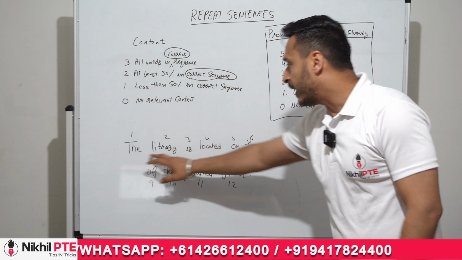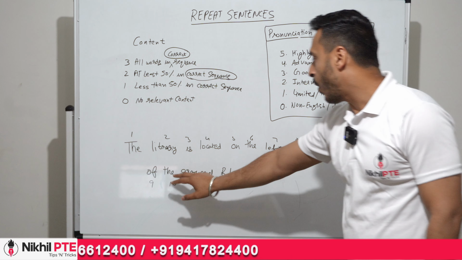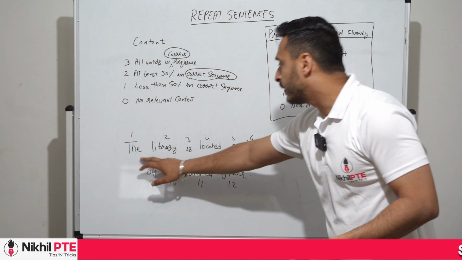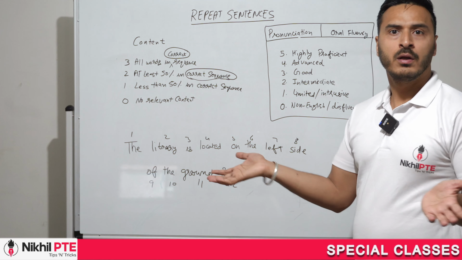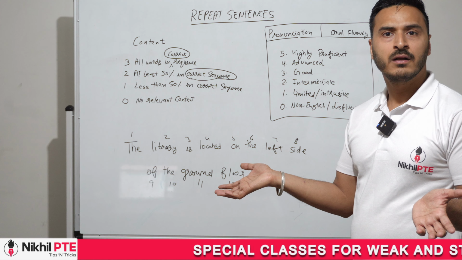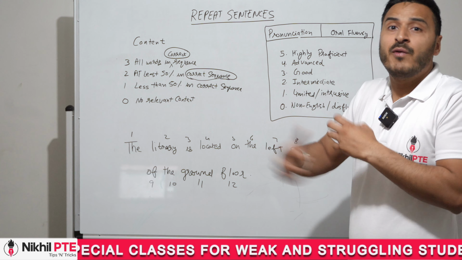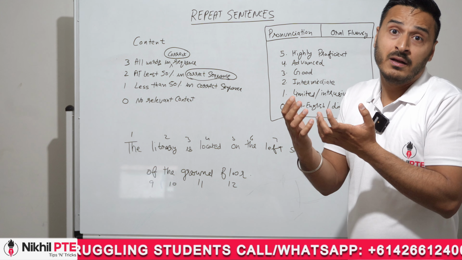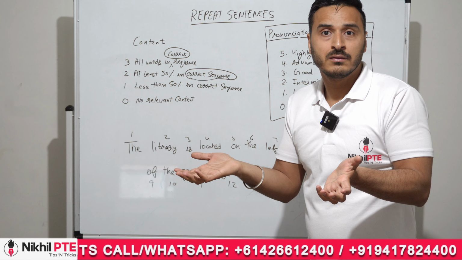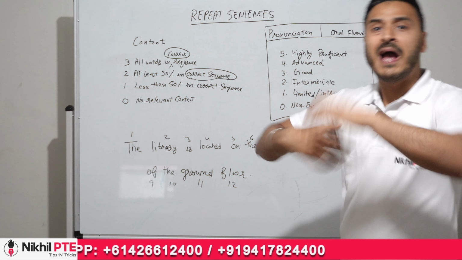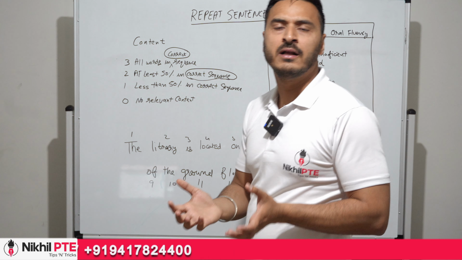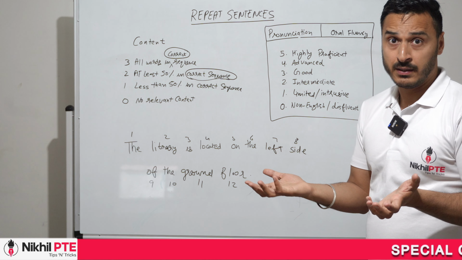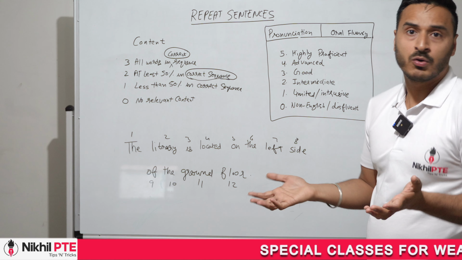If I speak "The library is located on the left side of the ground floor," it takes 3 seconds. If I speak "The library is located ground floor," it takes only 1 second. So maybe the software is comparing. On the basis of comparison, maybe the software is giving you marks, if I am not wrong, because we have to do every single thing that will help you to get good scores. Maybe in the back end, I'm not quite sure.